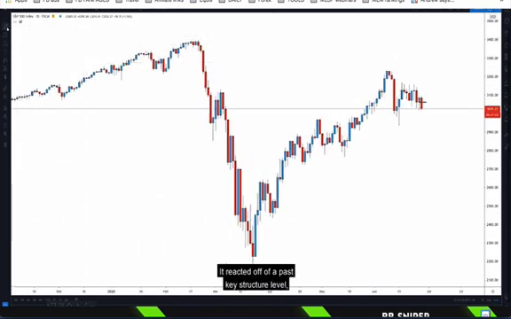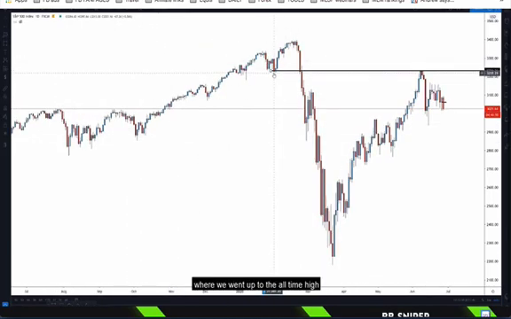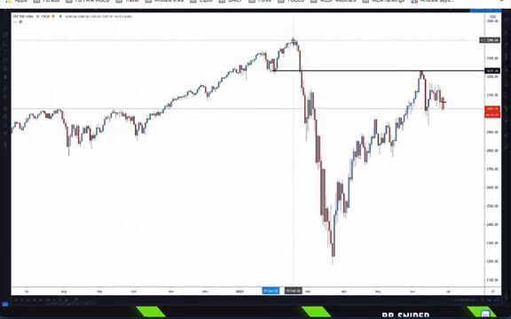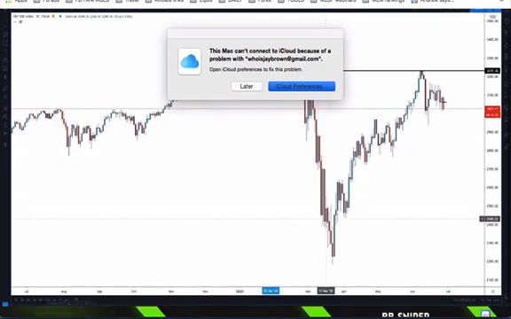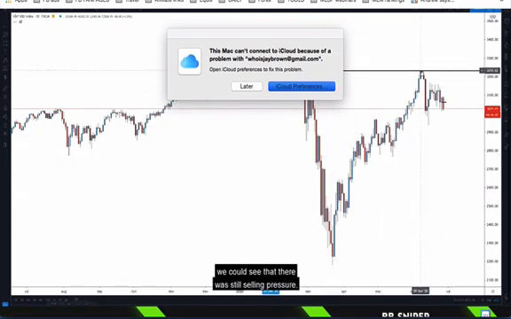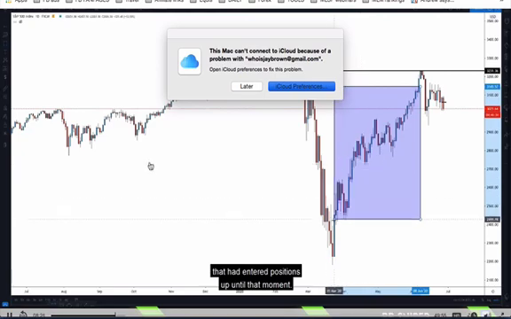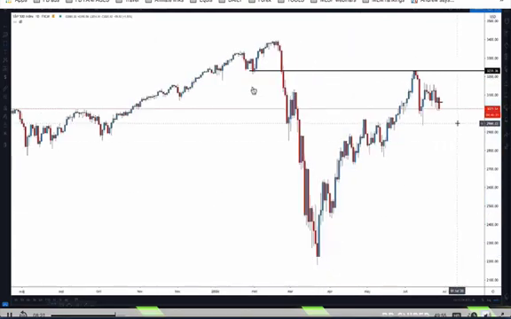It reacted off of a past key structure level where we went up to the all-time high as of the time of this video, and then sold off very aggressively. Once we returned to that, we could see that there was still selling pressure. We had some distribution and profit taking for everybody that had entered positions up until that moment.